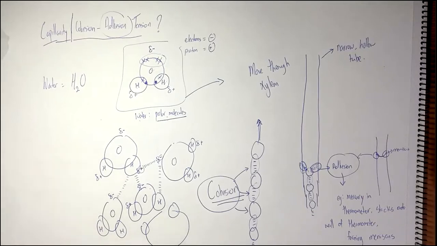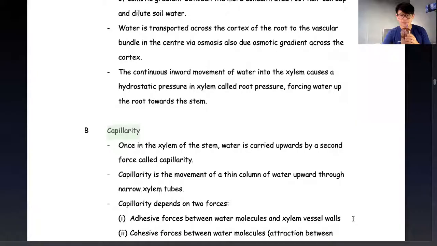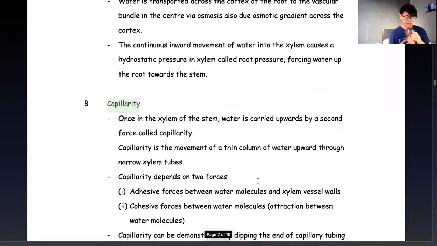Okay, so if we go back to these notes, this is what I have been explaining.